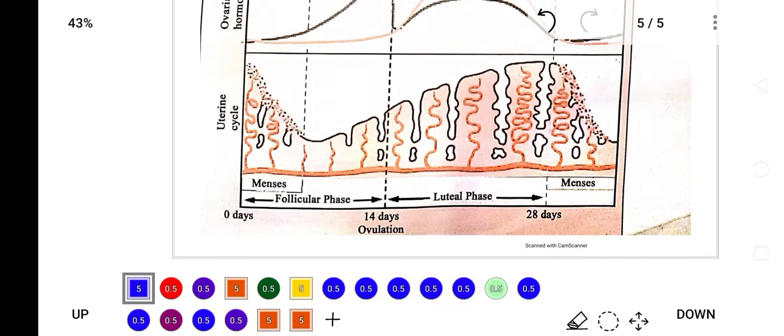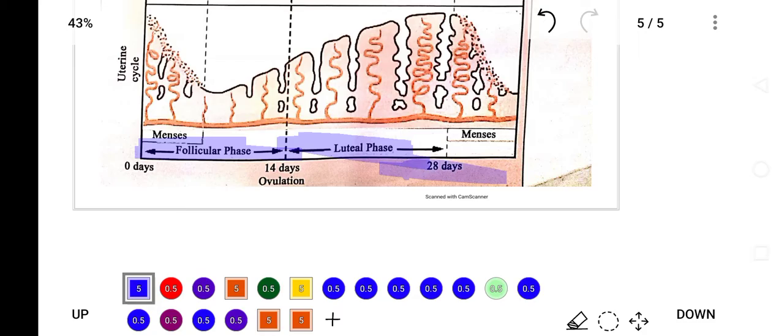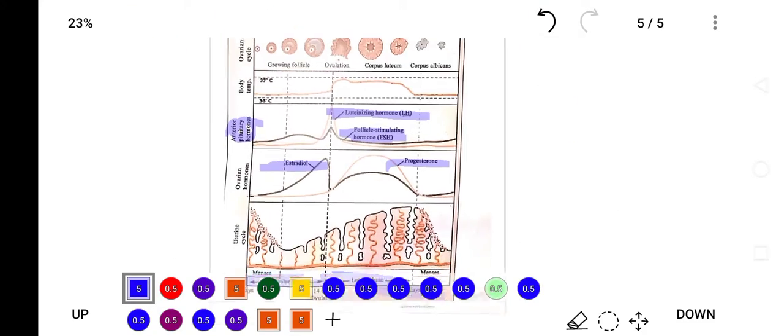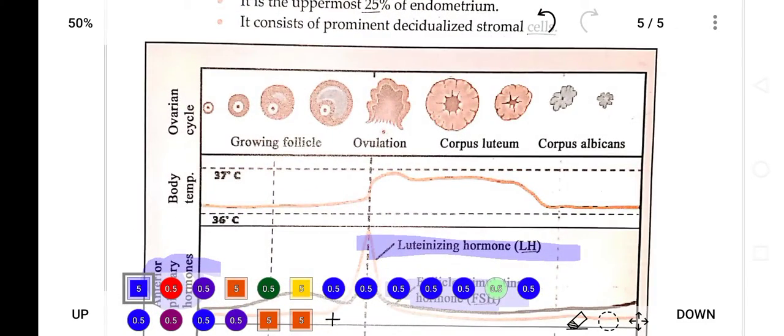So in this way, the follicular phase and luteal phase work, and this whole cycle is 28 days. In 28 days, all these changes occur: growing follicle, ovulation, corpus luteum, corpus albicans, and degeneration, and then the cycle of menstruation begins again on day 1. So in this way, the normal physiology of menstruation works.